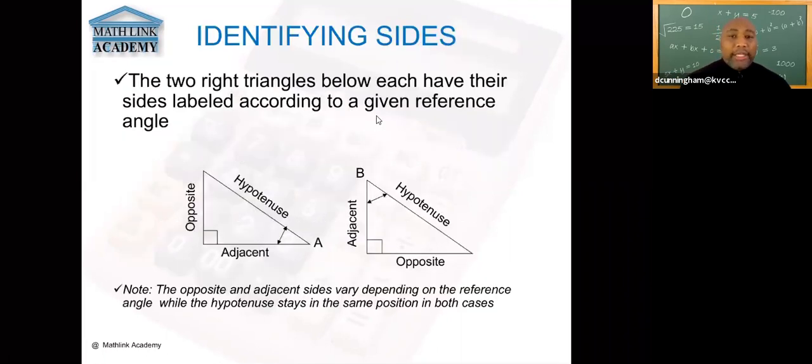Now, let's look at these two triangles and see how these concepts work with these right triangles. The two right triangles below each have their sides labeled according to a given reference angle.